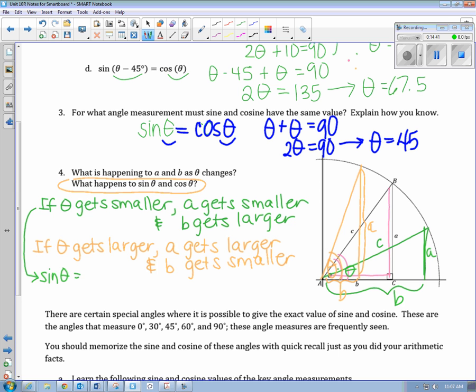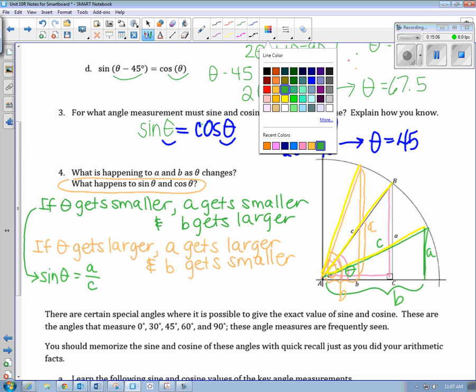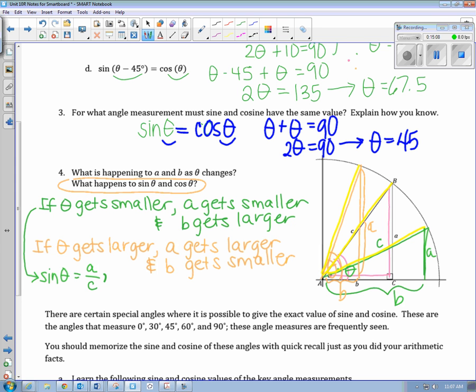So this is A over C. And because the C value stays the same in either triangle, every single one of these C's is the same measurement. This C, and this C, and this C. Therefore, our denominator is not changing. So if we make the A value smaller over the same denominator, that's going to mean that the value of sine is getting smaller too.